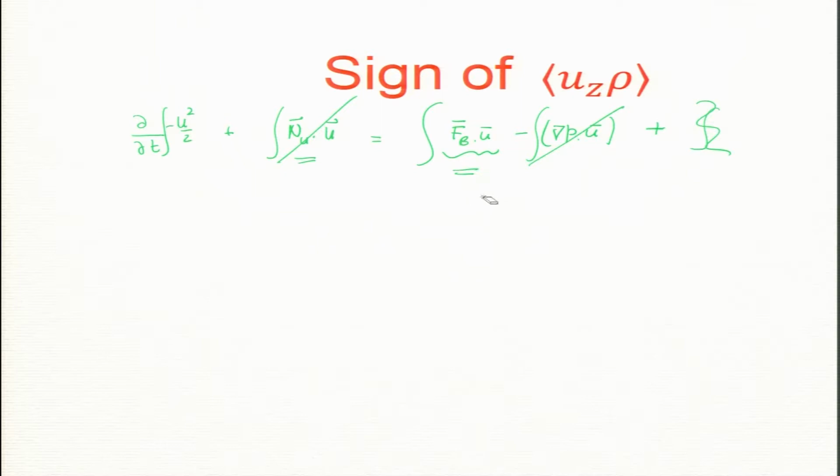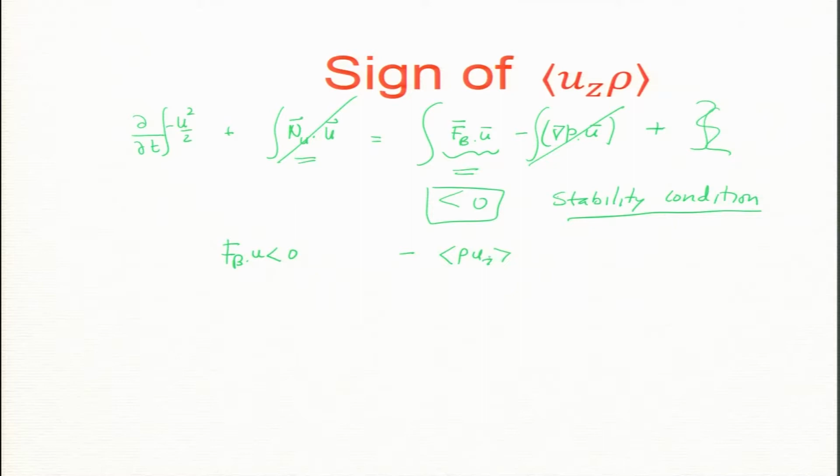So, stability requires that this must be negative, the stability condition. Since you are calling it stably stratified flow, it must be negative. So, we argue this way. My F b dot u is negative, or minus rho u z is negative, and rho u z must be positive.